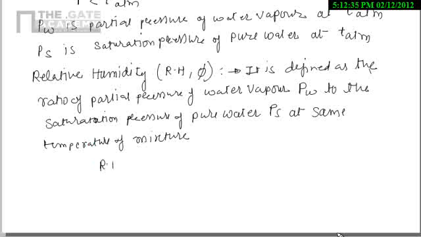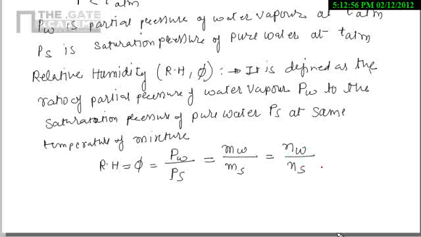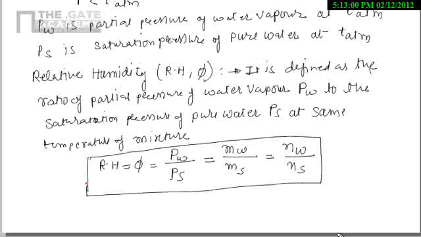So now we can easily define these things. RH, or we can say phi, is nothing but PW by PS, and in terms of mass also we can write mass of the vapor and mass of the vapor at saturated state equals, in terms of numbers of moles, NW by NS. So by this way we can easily define the RH, that is relative humidity.